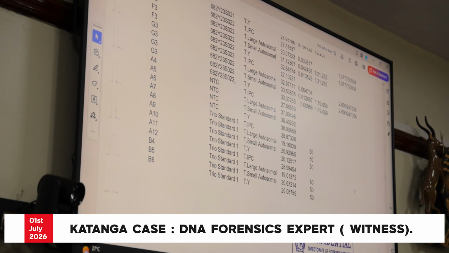So there are different impacts at different stages. And the difficulty I have in confirming whether the sample referred to as NTC on the quantification batch is actually the same as the sample labelled as negative control.